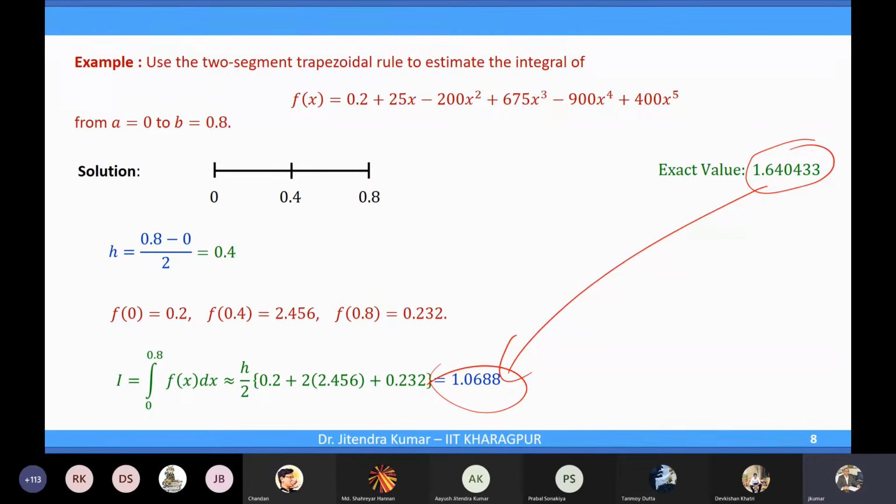Yes, sir. How should we decide which value of n we should take? Louder, please, your voice is on and off. Sir, how should we decide which value of n we should take? See, the more n you take, the better result you will get. It's a simple algorithm: if you have more points, your approximation will be better.